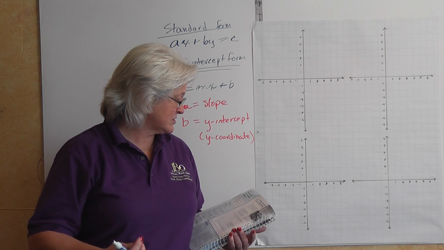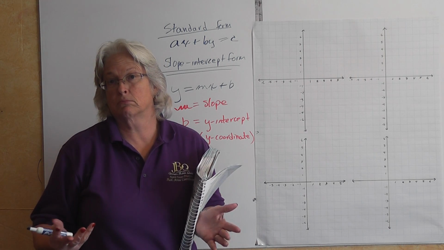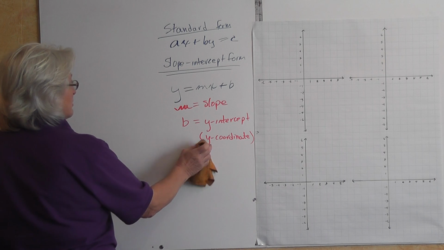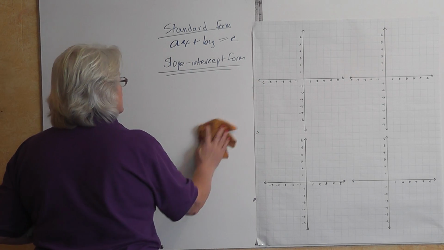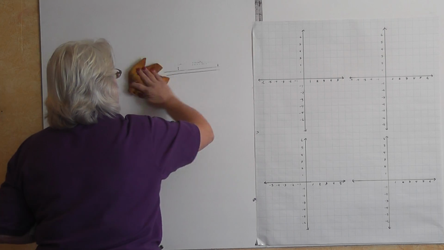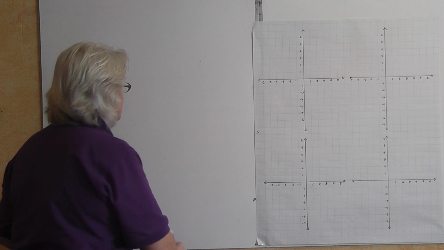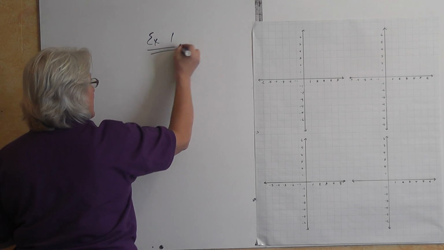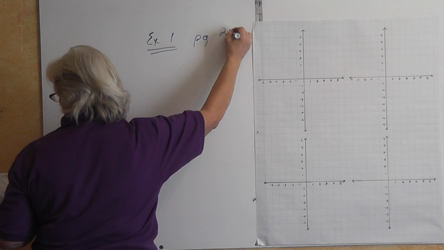So the very first thing that you want to be able to do is take an equation that's been given to you in general form or standard form of the equation of a line, and it's going to ask you to write this equation in slope-intercept form. This is example 1, and I am on page 246.